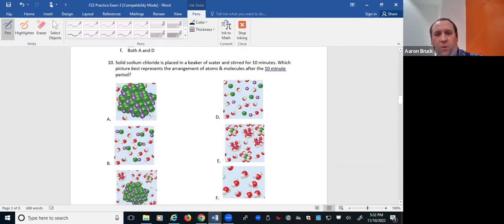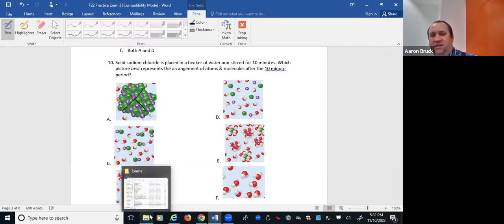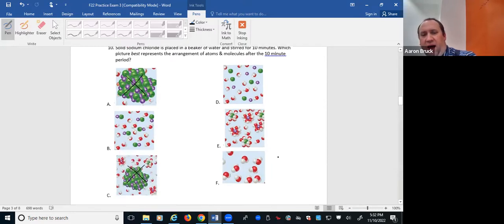And so we would hope that after 10 minutes of stirring, we shouldn't have too much solid left over. So the idea that we've got a whole bunch of solid here really doesn't make any sense. At the same time, letter F doesn't make any sense either. After all, in letter F, we've got no solid whatsoever in there. It just flat out disappeared.